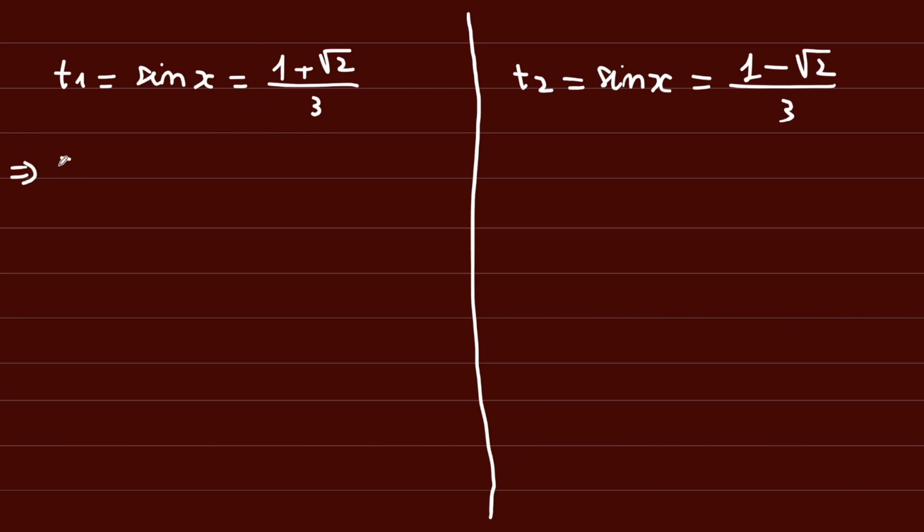Okay, so sin h will be here, and I will use my calculator. Sin inverse, open bracket 1 plus the square root of 2, close bracket, divide by 3, and you find the value here will be the sine of 53.6 degrees.